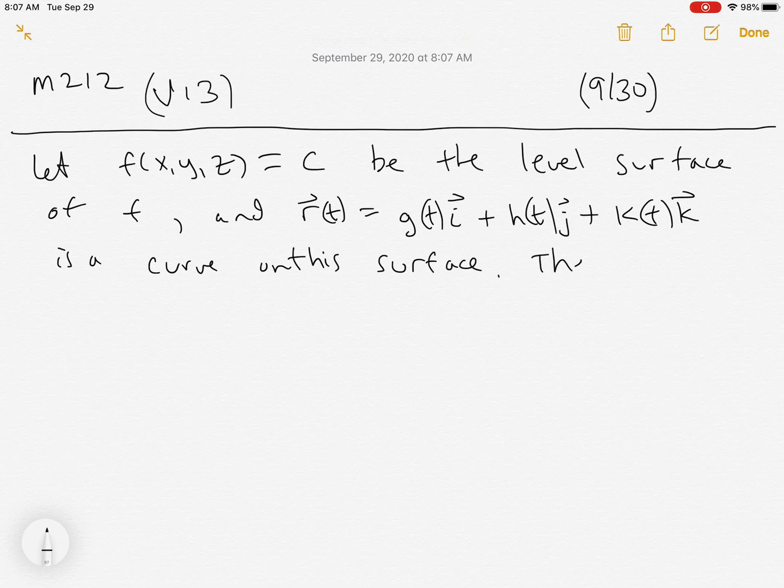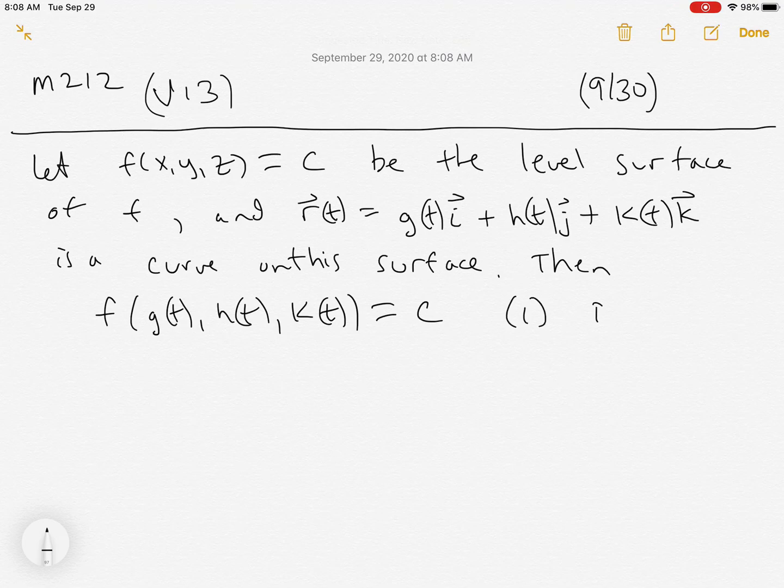Then, if I evaluate f at these three functions, it equals c. And so this equation here, I'm going to call this equation 1.